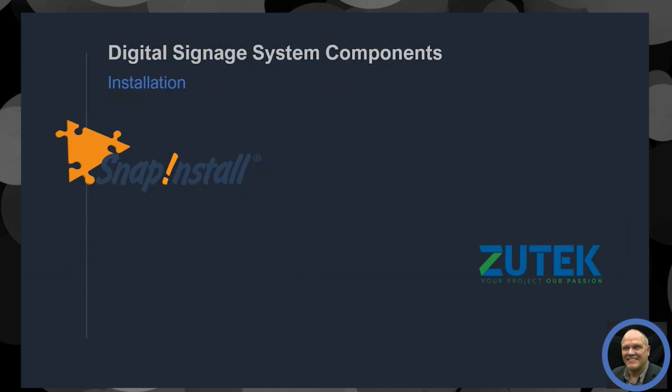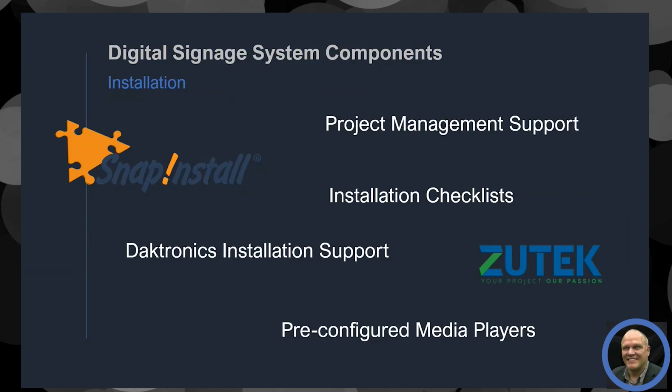I mentioned installation, and those are the critical partners for us. They provide project management support. They have their own install checklist. They provide installation support to us, and also we support them as well. So that's a two-way street, as you might imagine with any partnership.